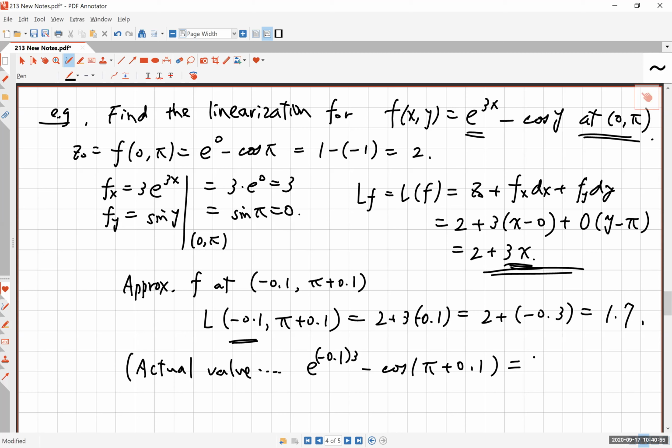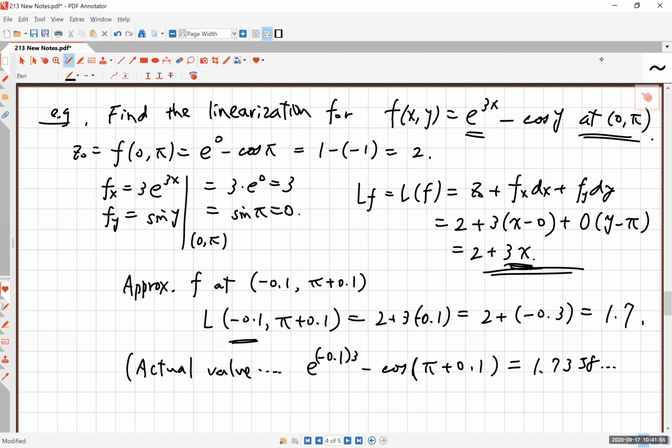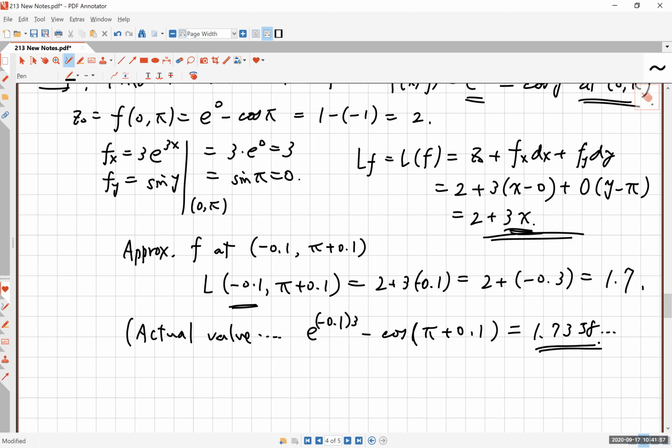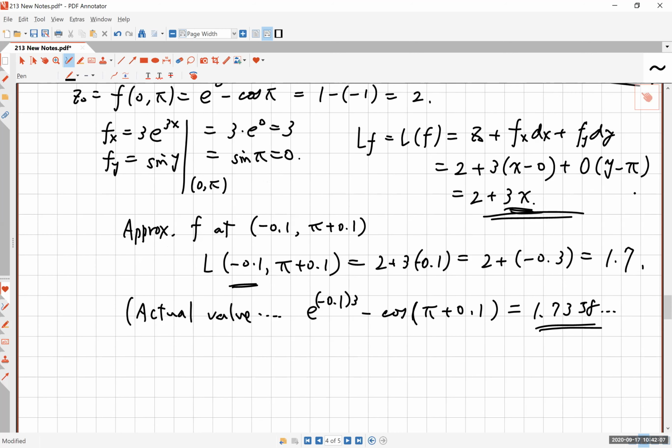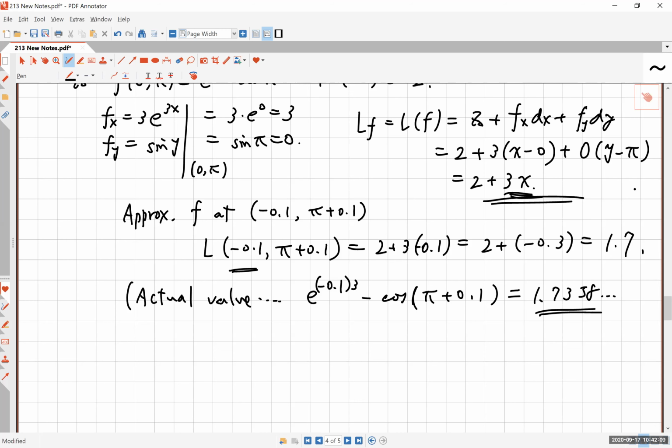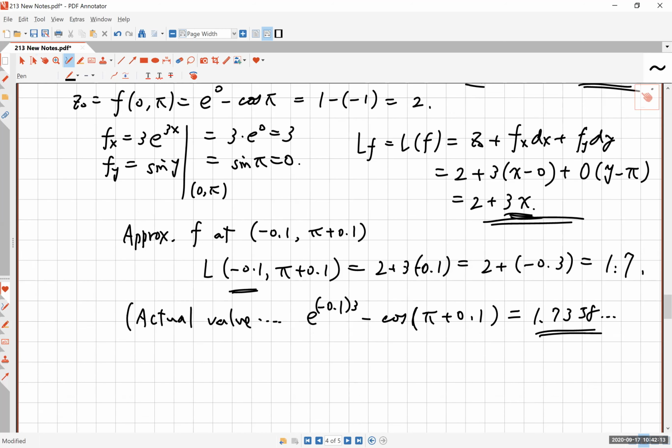I will take my calculator out and figure this out, and so it's fairly close to 1.7 as well, 1.7358 and so on. Yeah, so that's how you can do these problems, and I hope you get that. 2 plus 3x was the linear approximation, and you can do most of the other problems in a very similar way.